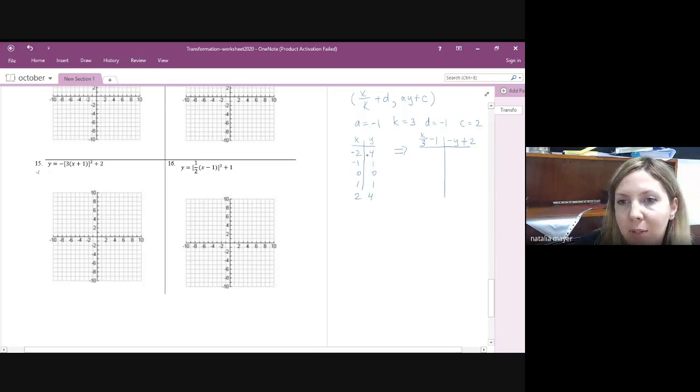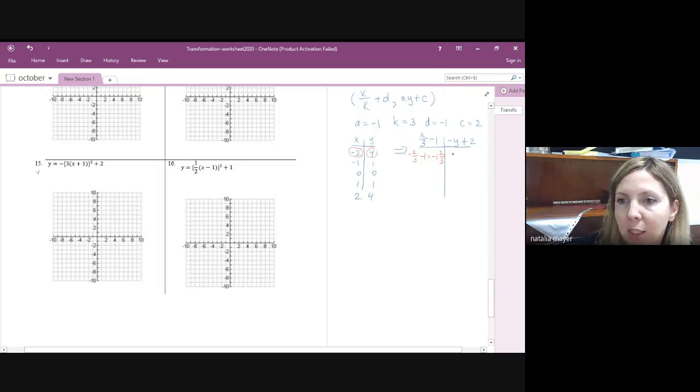So I am going to take the first value for x from the parent function and input it here. So I'm going to get -2 over 3 minus 1, which results in -1 and 2 over 3. Okay? And then I do the same with y value. So the y value used to be 4.